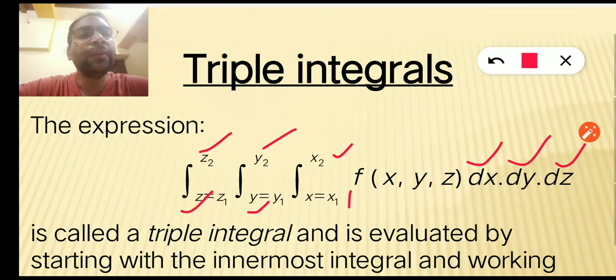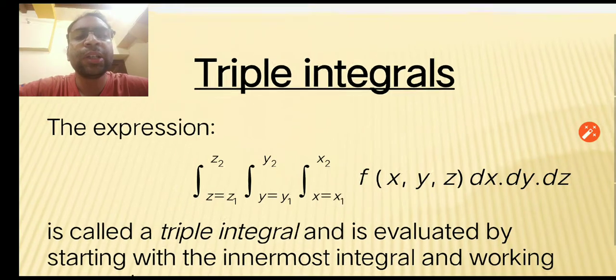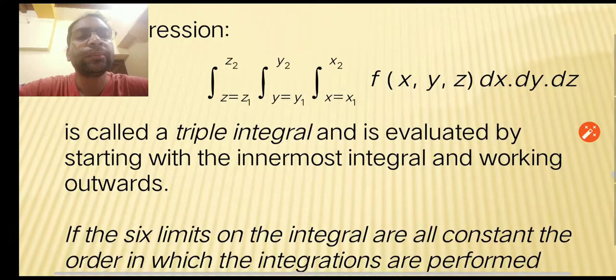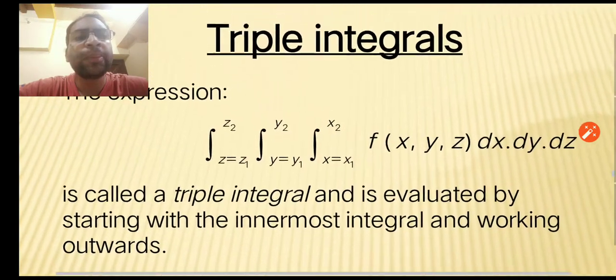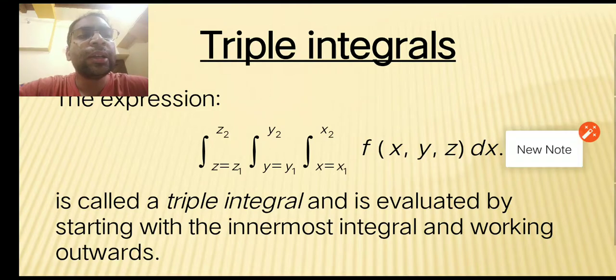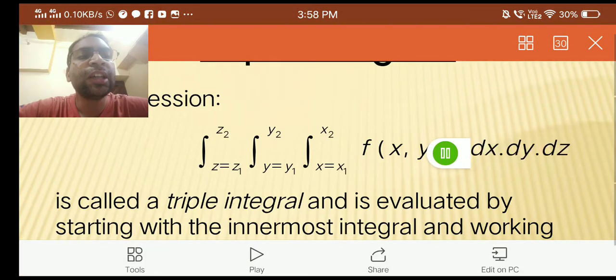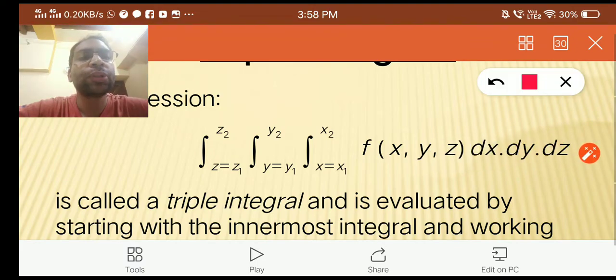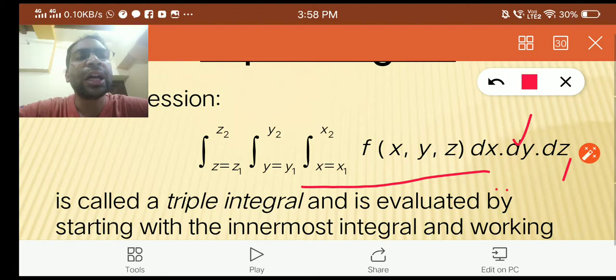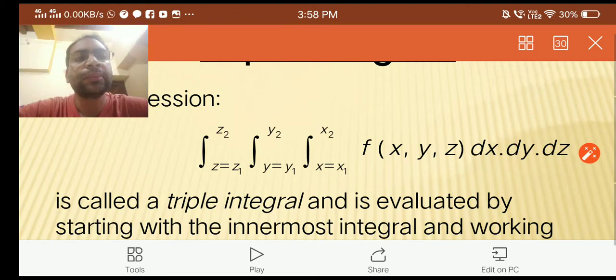In this way we represent a triple integral. Either a double integral or a triple integral is evaluated starting from the innermost integral. In this case we will start with dx first, then evaluate dy, and lastly evaluate dz.